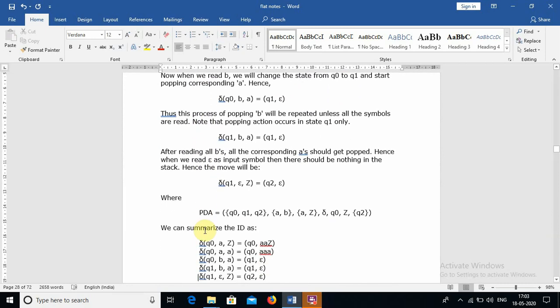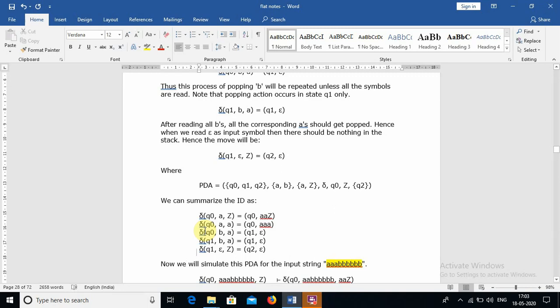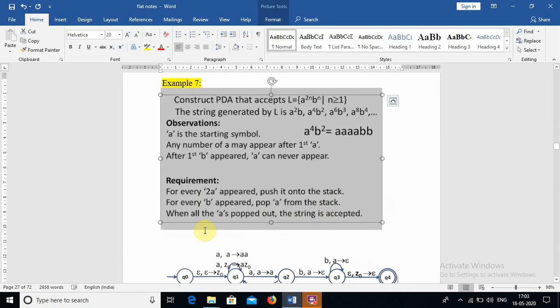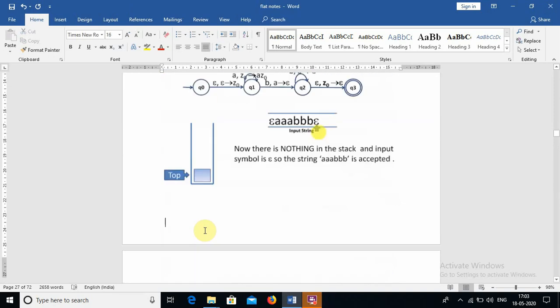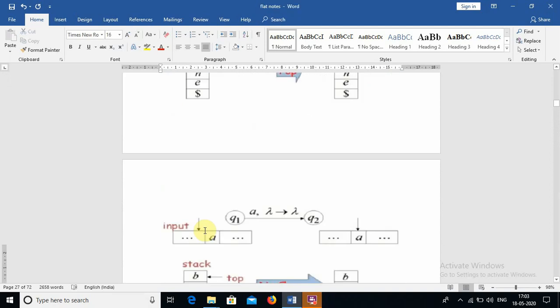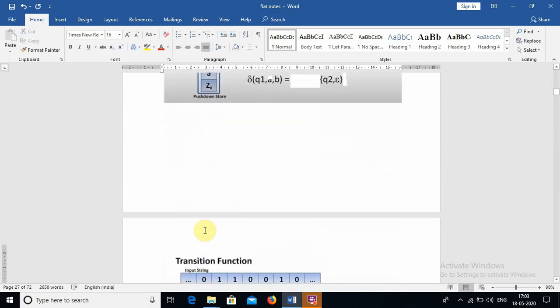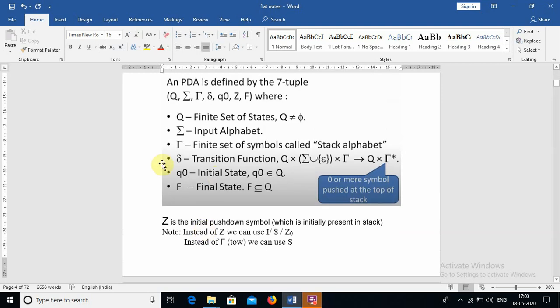So like that we can construct the ID triplets. This is the PDA, and we can summarize the IDs like this. So, all combined, the PDA. What is a PDA actually? We do not always need to define it in graphical notation. We gave a formal notation of PDA, with 7 tuples.